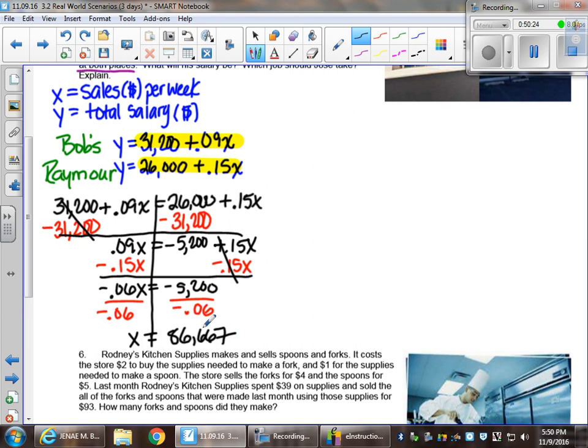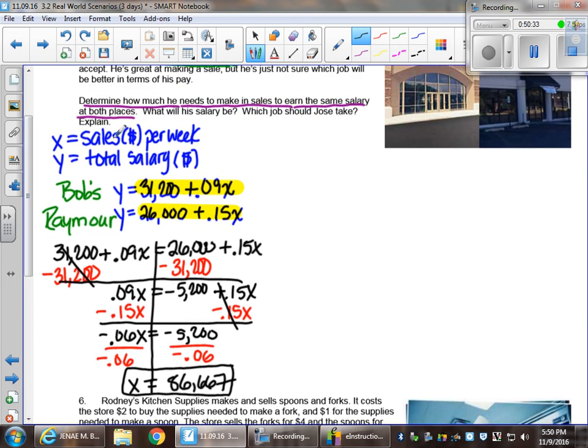What does this answer mean? Well, when I look at how I defined x, x is the sales he makes per week.